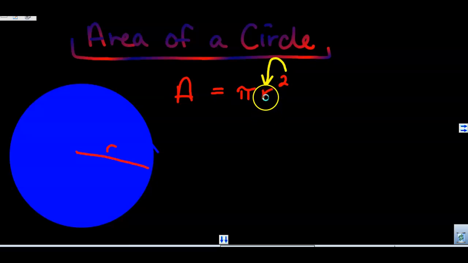In other words, r squared means we are taking r times r, whatever r is. So if r is equal to 5, we would take 5 times 5 and then multiply that by pi. Okay? So let's do a couple of examples here.